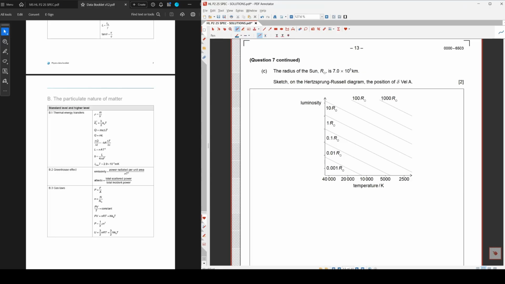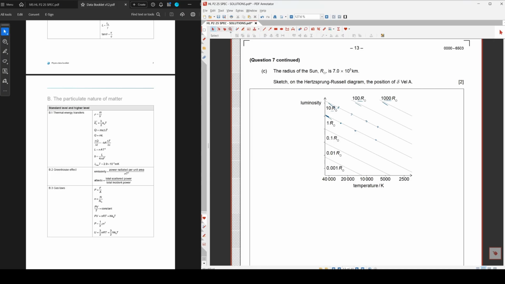And be careful reading this, because okay, that's 1,000, that's 100, and then that's 10. It's over the line, then under the line. So this line is where a star along this line would have a radius of 1 times the radius of the Earth. A star along this line would have a radius of 10 times the radius of the Earth.